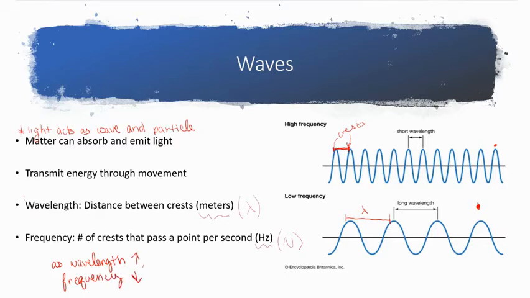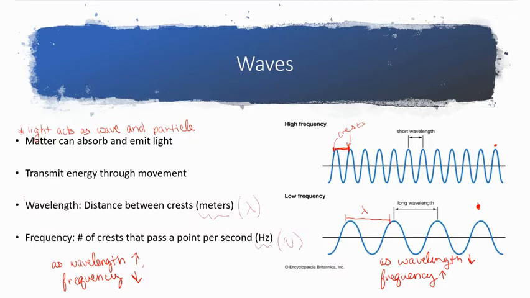Okay, so as our wavelength gets longer, we're not going to have as many peaks passing through per second because it takes longer for those peaks to get to that point. On the flip side, as wavelength decreases, our frequency is going to increase because as those peaks get closer together, it takes less time for them to pass through a given point, and we're going to have more passing through per second.